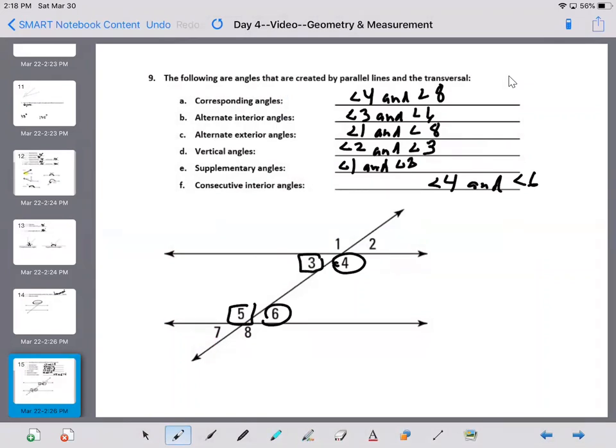And so they're similar to that supplementary. If you took angle 5 and set it next to angle 3, you would notice that they add to 180 degrees. So again, these are all examples of what type of angles are created when you take a transversal and intersect parallel lines.